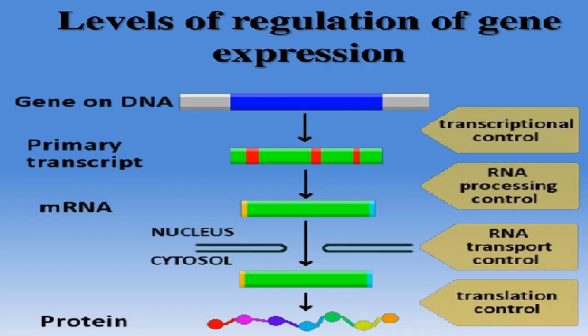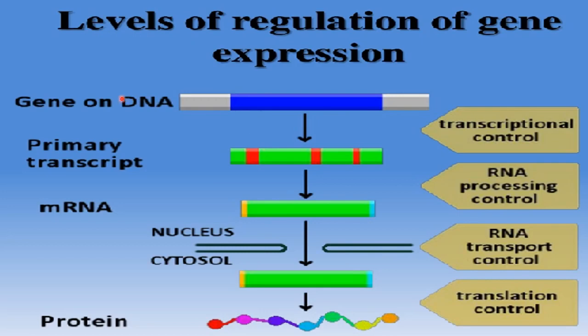Now look here, there are different levels on which gene expression can be regulated in case of eukaryotes. See here, in case of eukaryotes, gene expression can be regulated at the transcriptional level, at the RNA processing level, at the RNA transport level, or at the translational level.